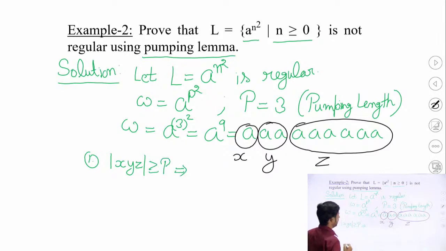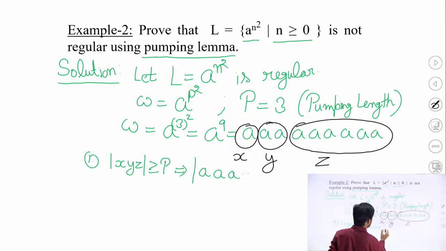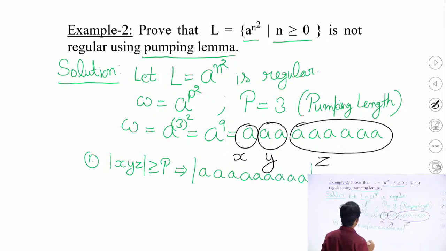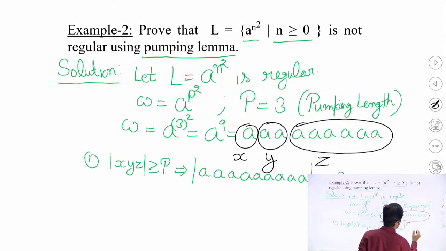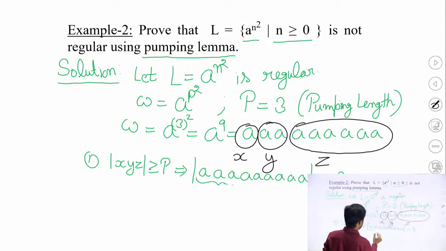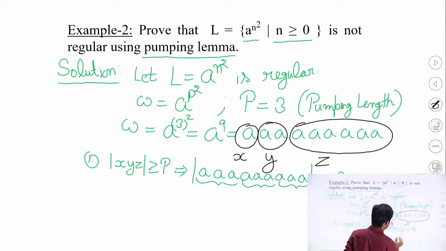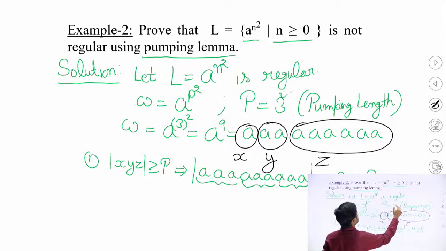Now, what is x? x is a. What is y? y is a. And what is z? 6 times a, which is equivalent to length 9, since 3 plus 6 is 9. 9 is greater than or equal to p, and what is p? p is 3.